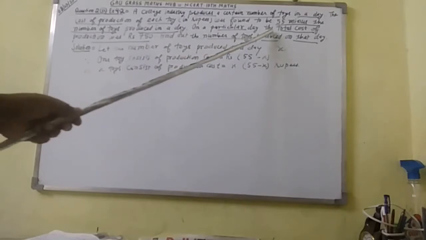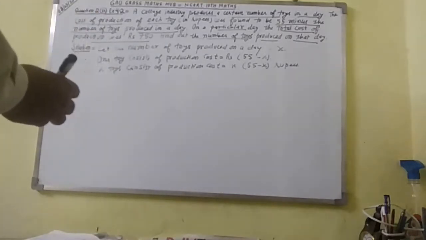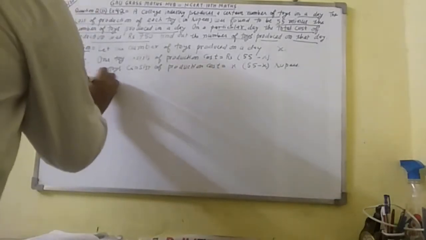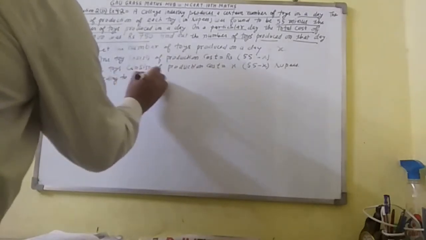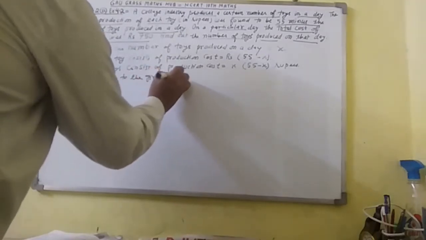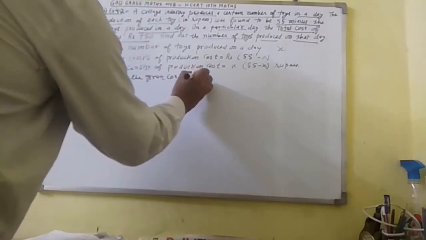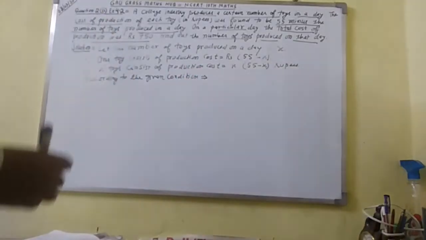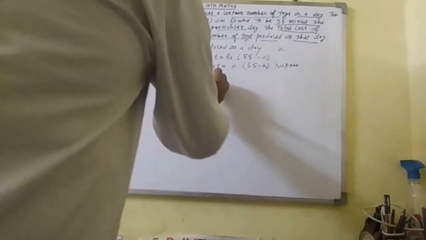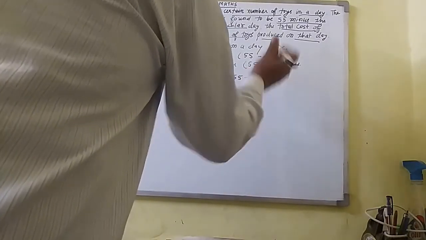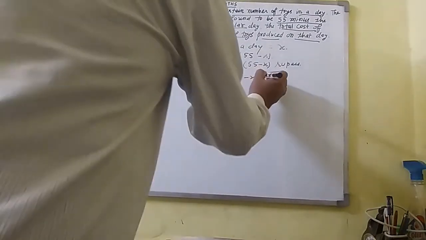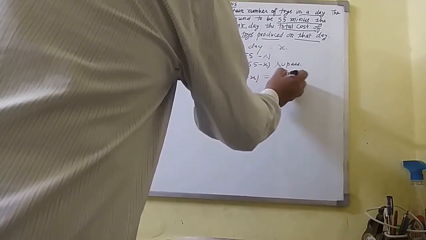On a particular day, the total cost of production was rupees 750. Now, according to the given condition, it implies that x times 55 minus x will become equal to 750.